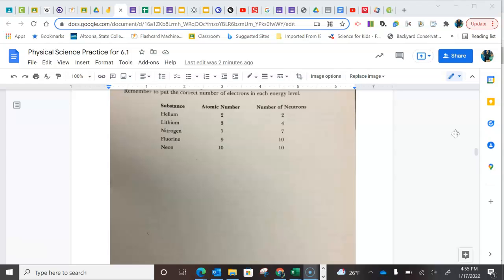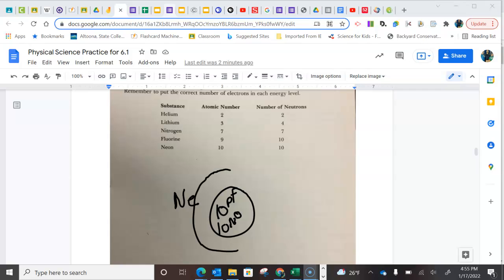So let's do neon. So in this case, neon has atomic number of 10, which means 10 protons. So neon, in here we're going to put 10 protons. Number of neutrons, 10 neutrons. Positive, negative. Now I'm making this a little bit bigger.